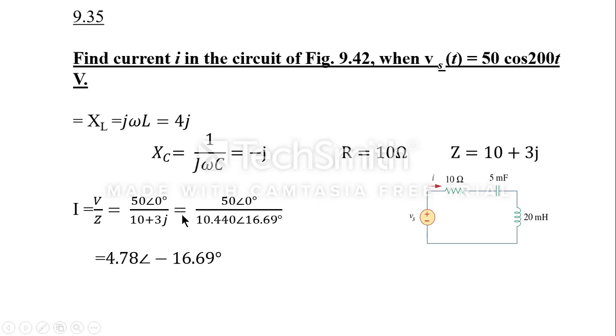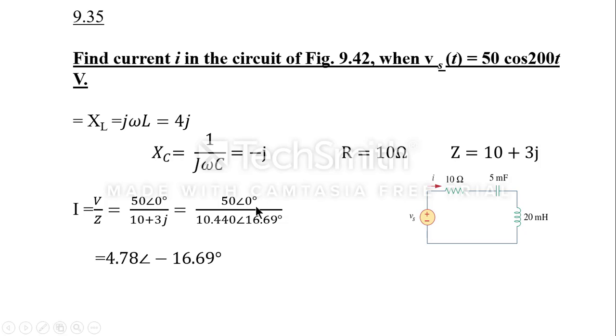Now the current through the whole circuit can be found using voltage by impedance, which is equal to 50 with a phasor angle of 0 degrees by 10 plus 3j. If we convert 10 plus 3j to polar coordinates, we get 10.440 with a phasor angle of 16.69 degrees.